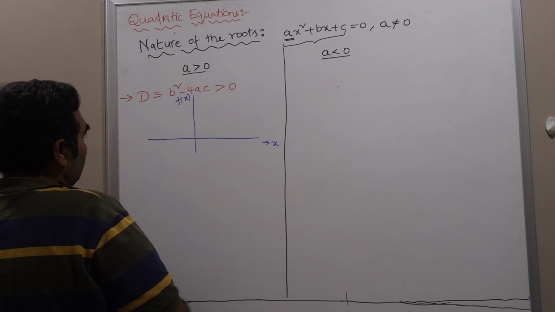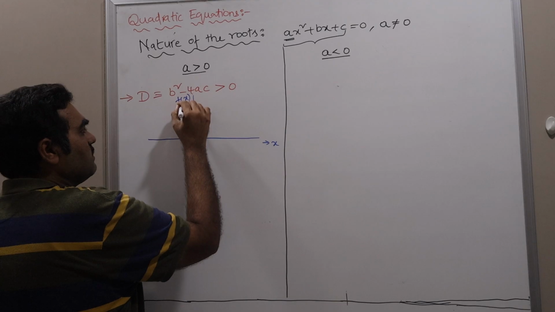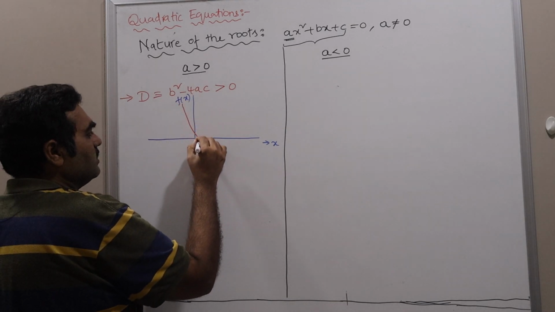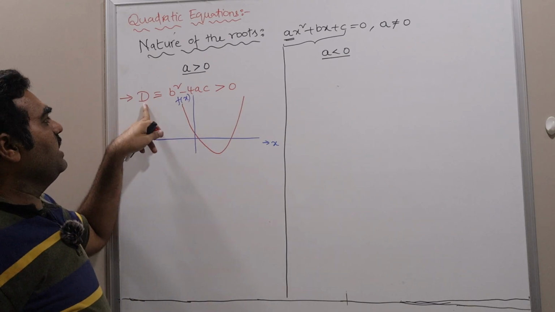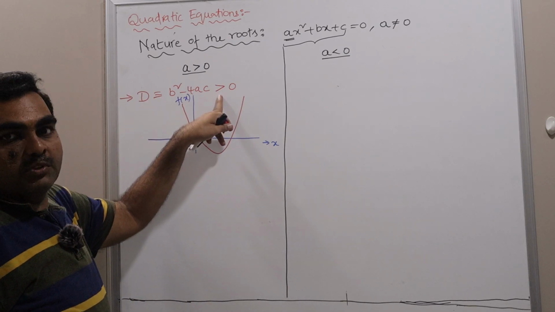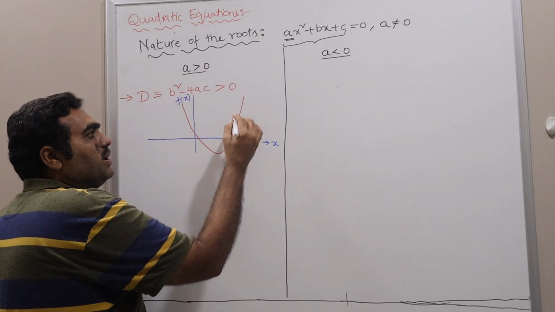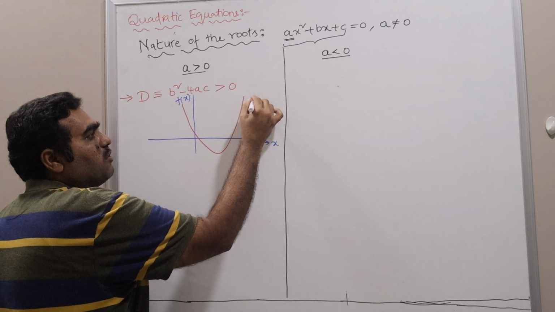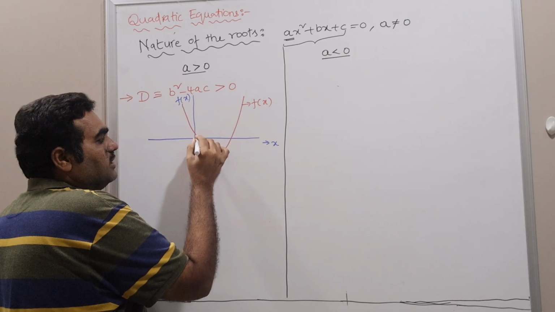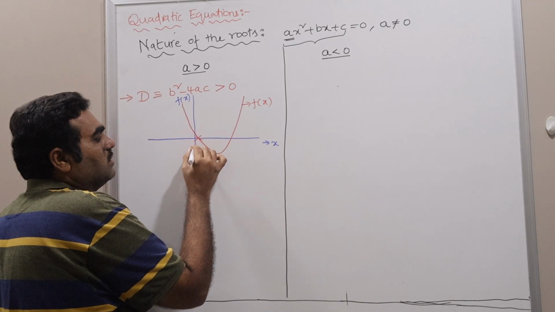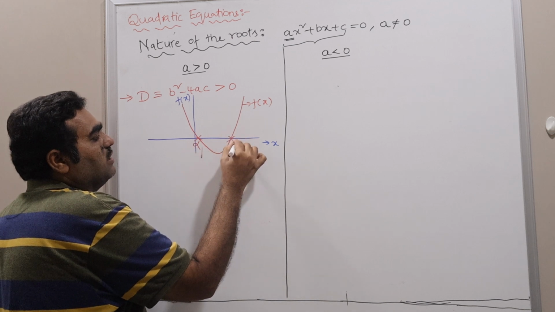Now if I plot f of x for this case, if the discriminant is greater than 0, f of x looks like this, where the points of intersection between f of x and the x-axis are nothing but the roots of the equation, alpha and beta.